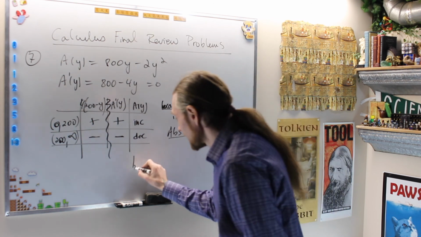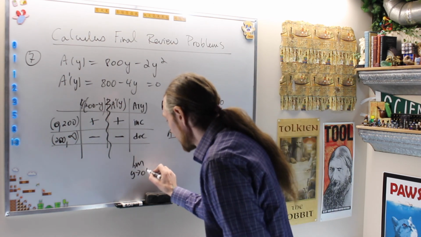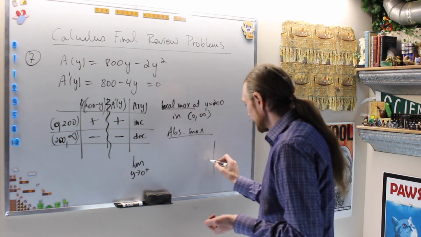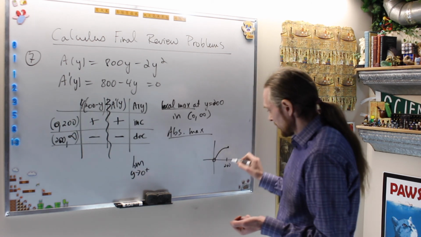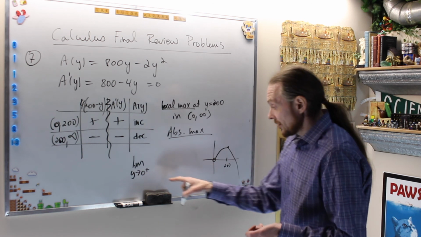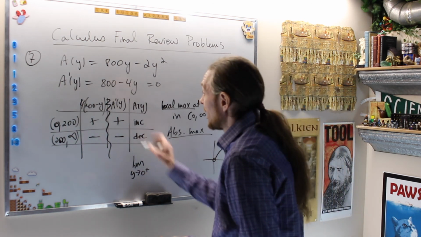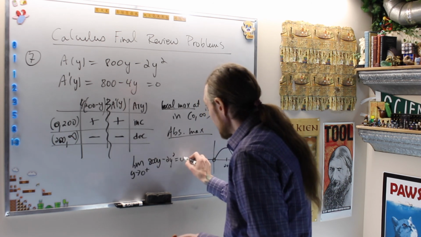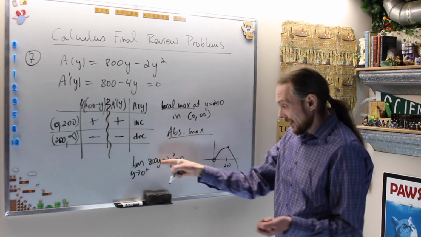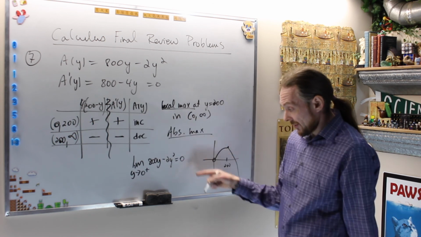Instead, what I show you is the limit as y approaches 0 from above of 800y minus 2y squared, which is 0. 800 times 0 minus 2 times 0 squared is 0.